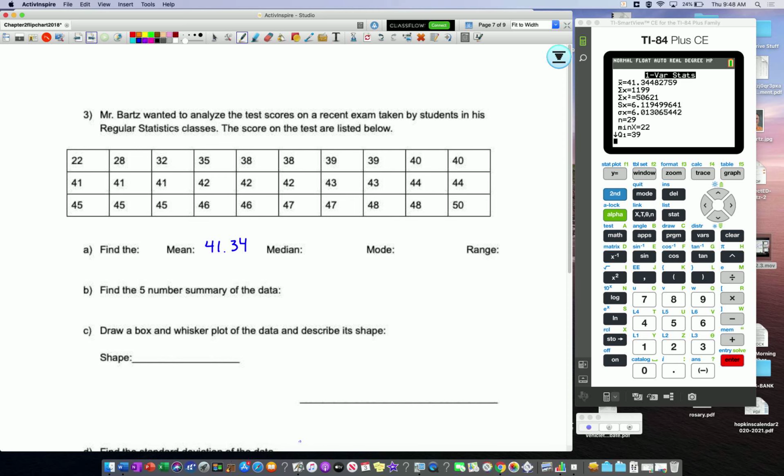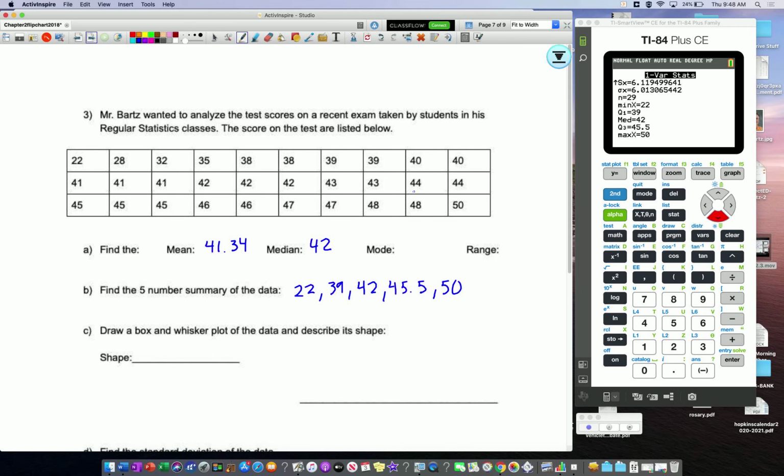The median, let's scroll down to our 5-number summary. Median was 42. In fact, I'll write my 5-number summary since it's there. 22, 39, 42, 45.5, and 50. My mode, which score was repeated most? This one's at least a little bit easier to find the mode because they're in order.